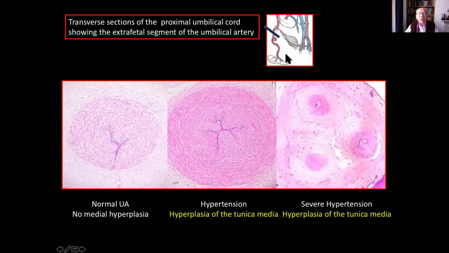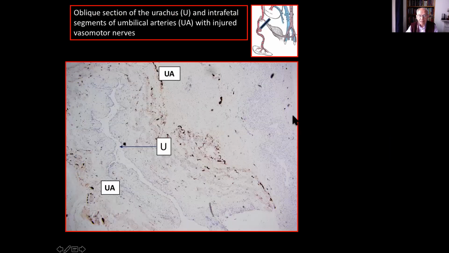What you see when you take the block from here on the outside of the umbilical cord is this sort of appearance, and this is a normal umbilical cord. This is an umbilical cord with medial hyperplasia here, this thickening of the layer around the lumen of the umbilical artery, and this shows it in place in 3 separate vessels.